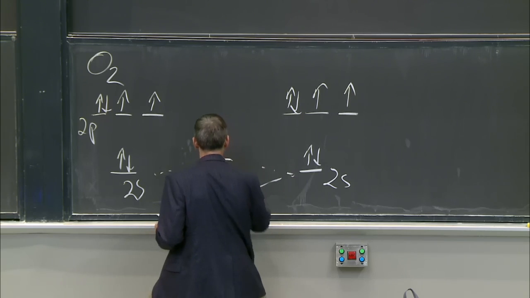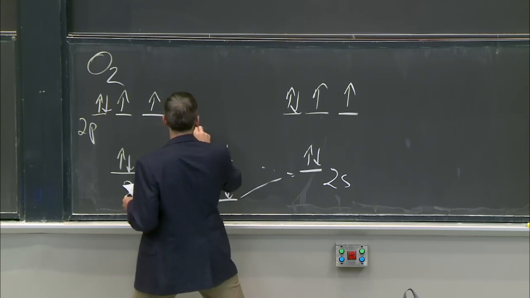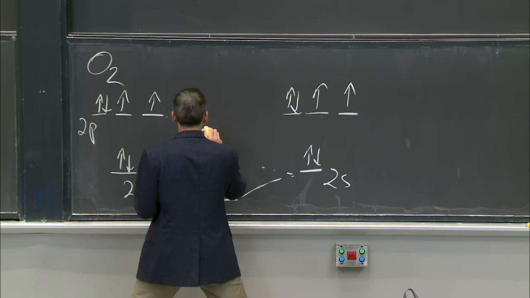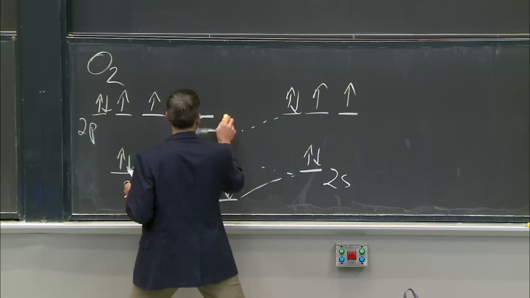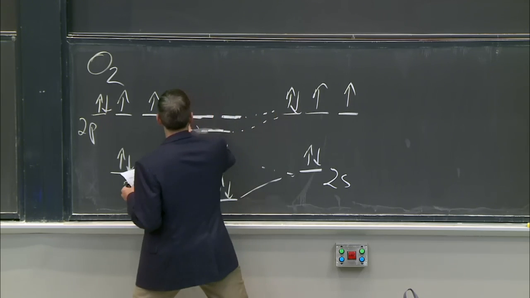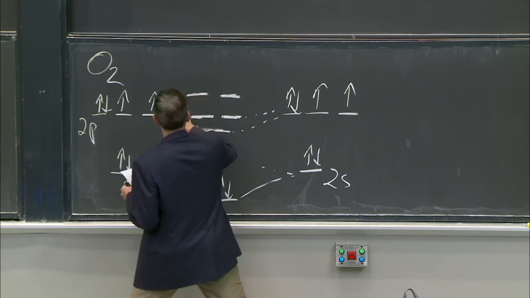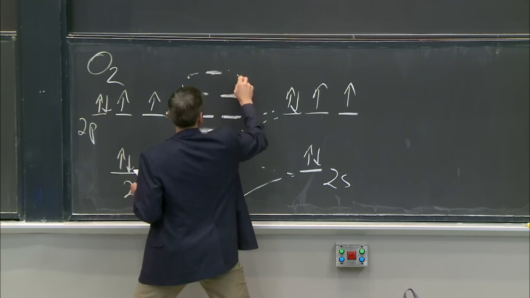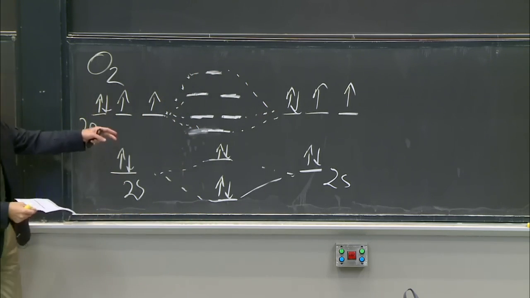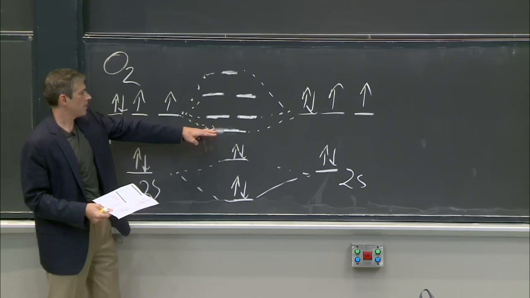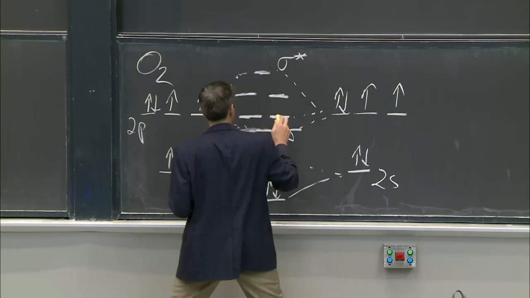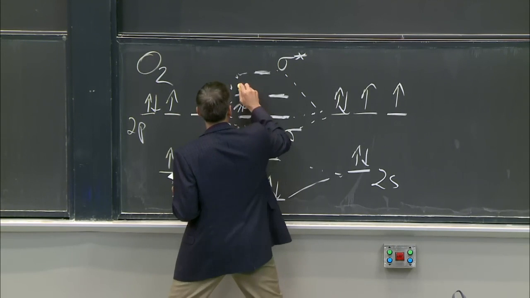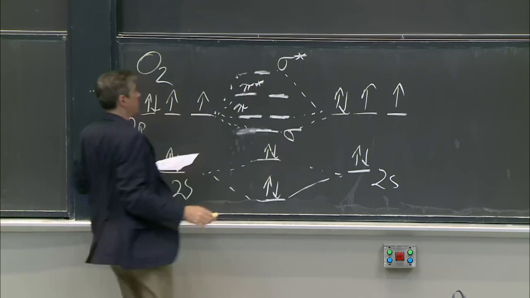Those are the sigma star. But for oxygen, we go to the ordering that we usually have, which is that those pi orbitals, and this isn't necessarily drawn to scale, are pi and pi star.